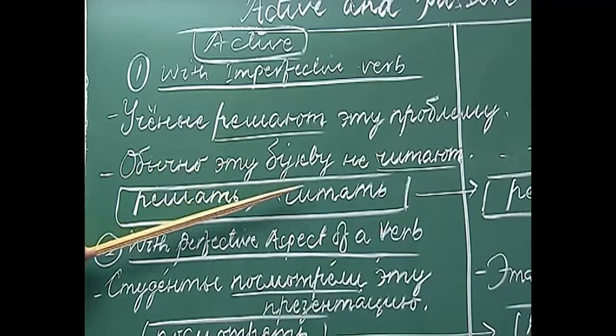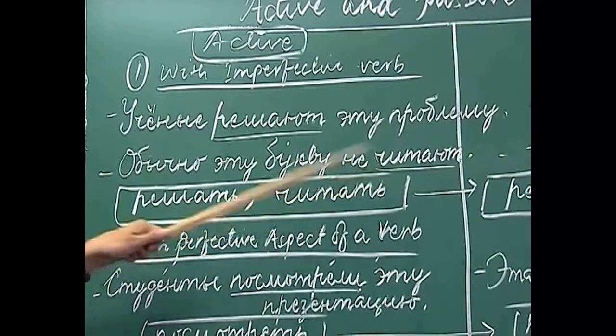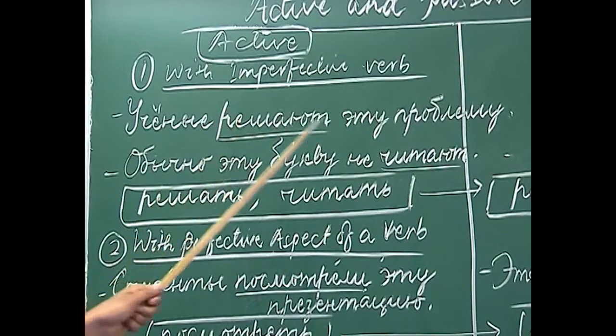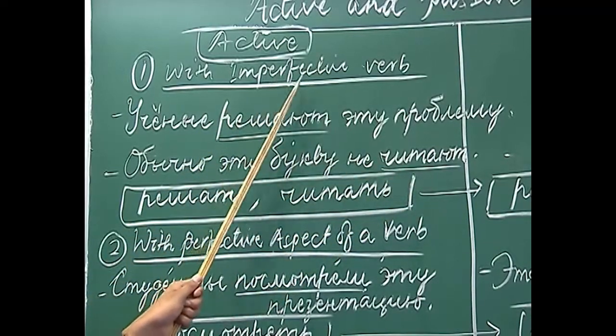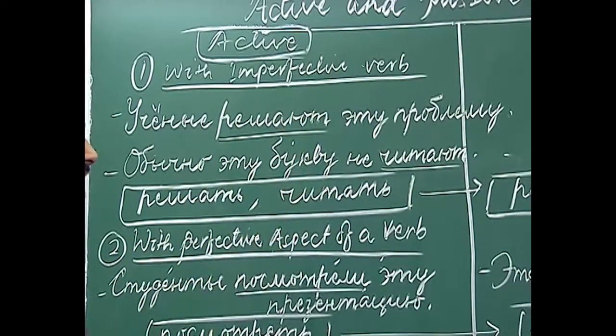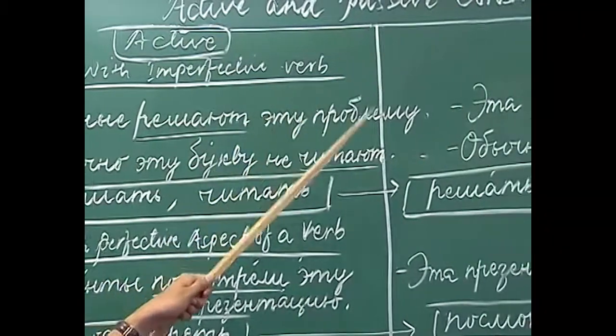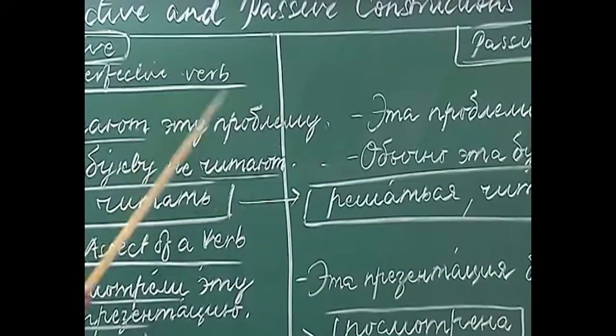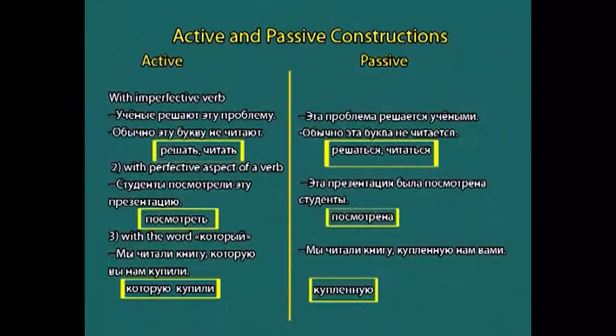Usually this letter is not read or not pronounced. In these two sentences we can see that the verbs are in the imperfective aspect. So, now if we come across such examples of active construction, how do we change them into passive?